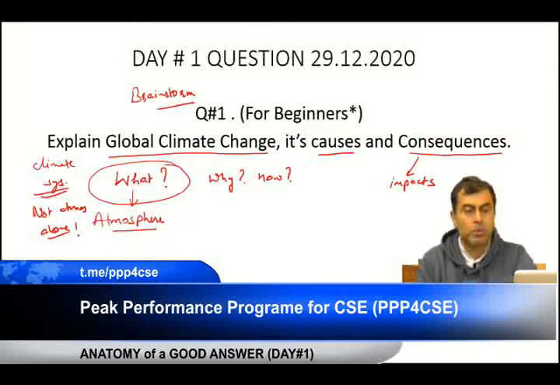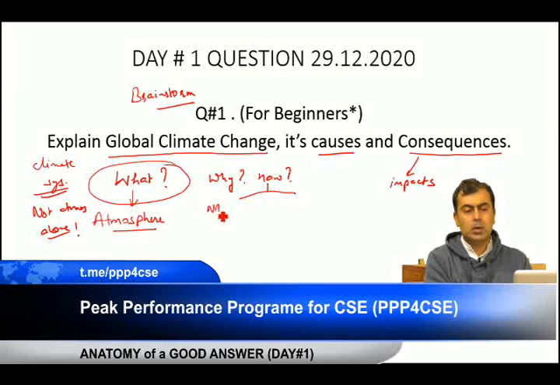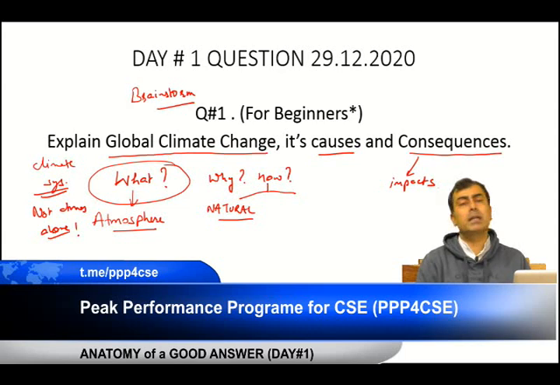Now, if I go back to that, why does it happen? I'm very simple on that: it happens because of natural causes. Climate change is not a new thing. It has been happening since time immemorial. Since the atmosphere was created, things have been changing. Why has it been there?